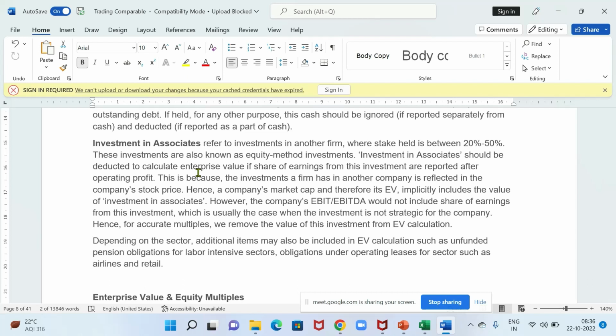So generally this is a below the line item, and it will be shown below the operating profit. And it will be mentioned as earnings from equity investments or investment in associates. These investments generally are also known as equity method investments. Investment assets should be deducted to calculate enterprise value if shares of earnings from these investments are reported after operating profit.